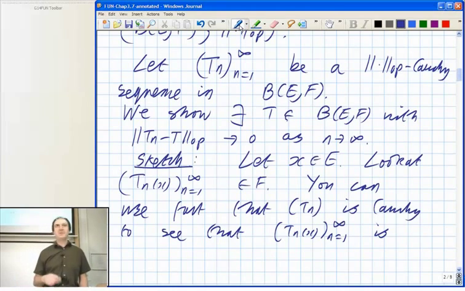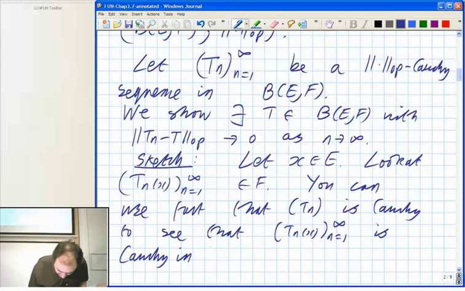E wasn't, maybe, but F is. And so it's convergent in F.